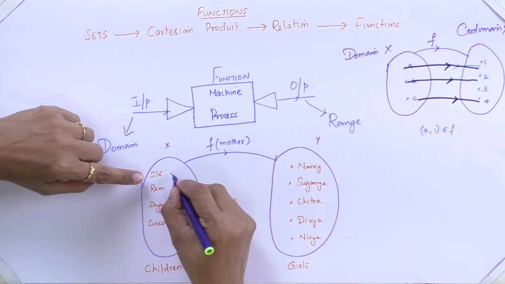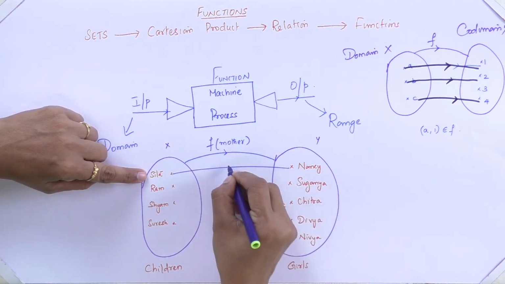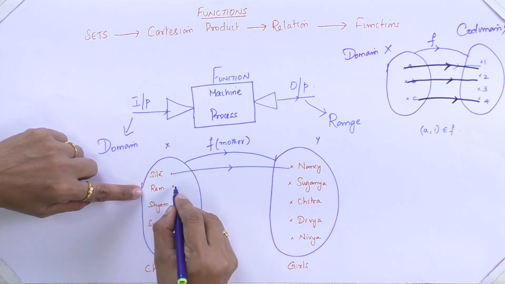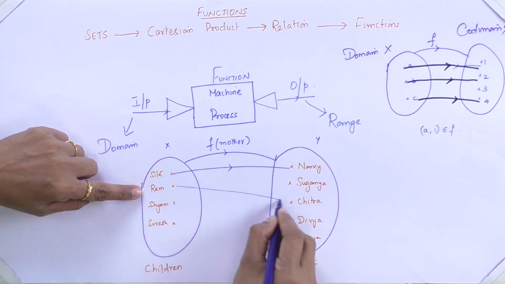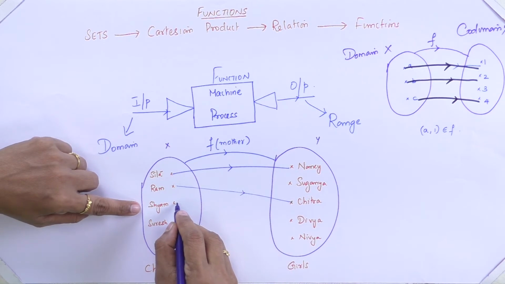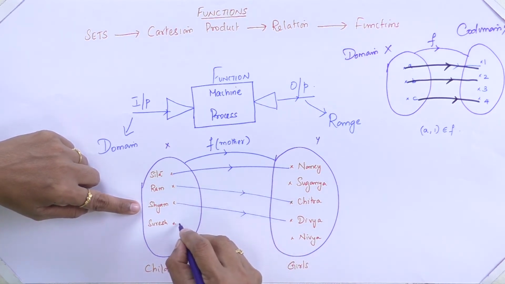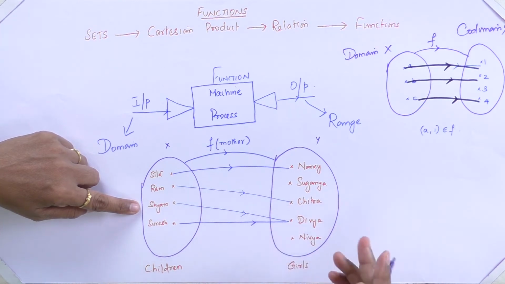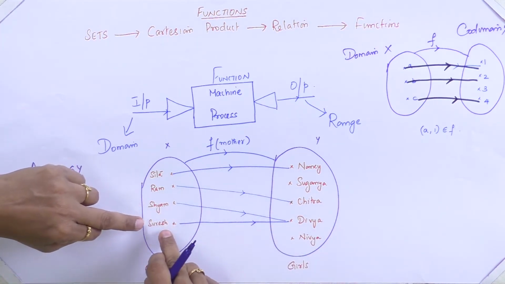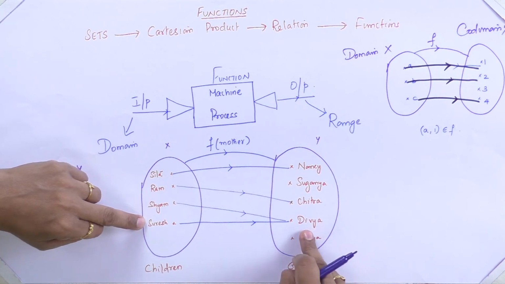Sita's mother, let it be Nancy. Ram's mother, let it be Chitra. Shyam's mother, let it be Divya. And Suresh's mother, let it be again Divya. Nothing wrong in that, which means that Shyam and Suresh's mother is Divya.